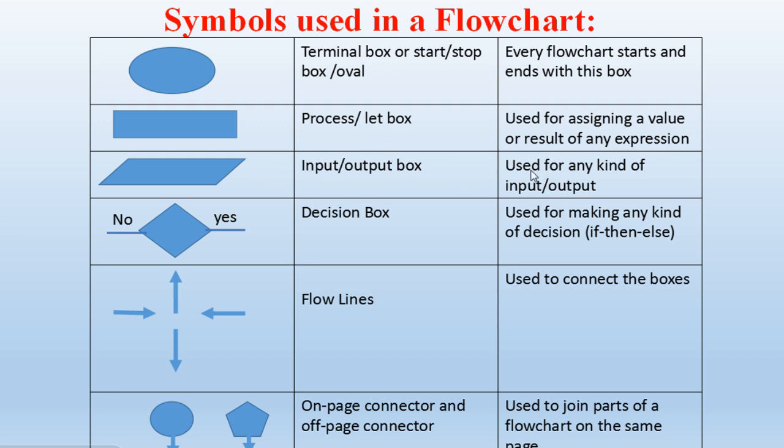Parallelogram will be used for any kind of input and output. If you want to take a decision, then you will use this decision box. These flow lines will be used to connect the boxes, and if the flowchart is not fitting on one page, then you can use this on page connector and off page connector.